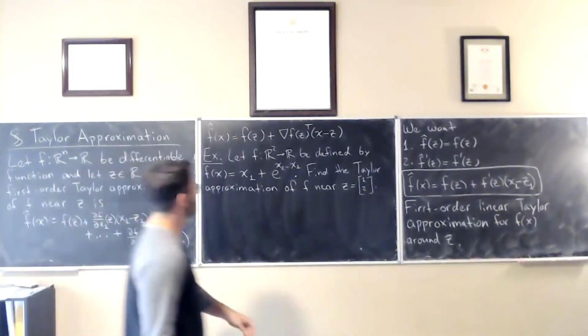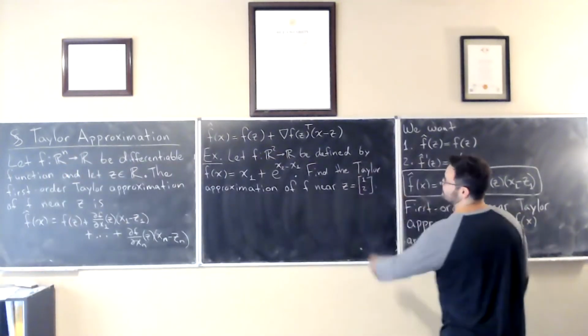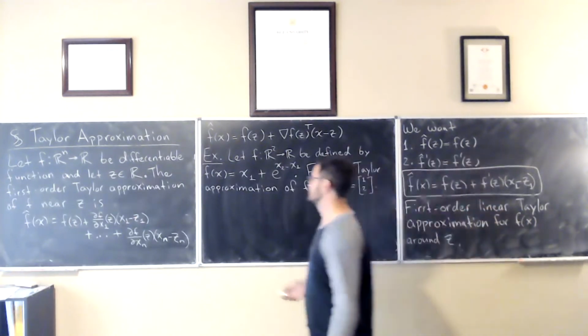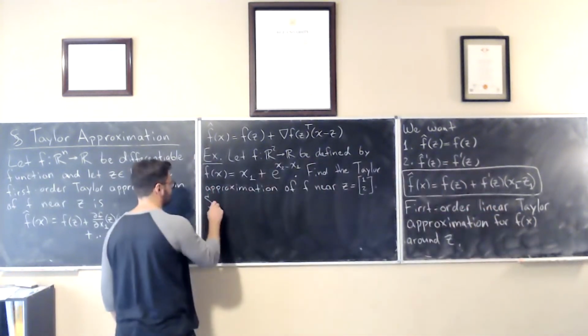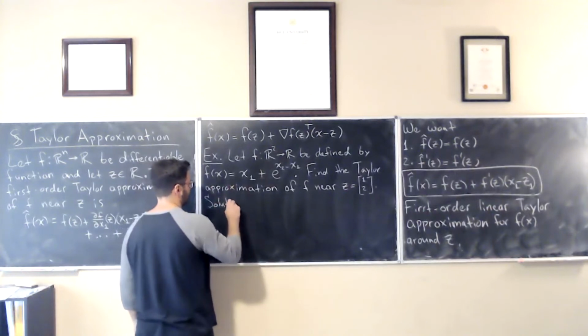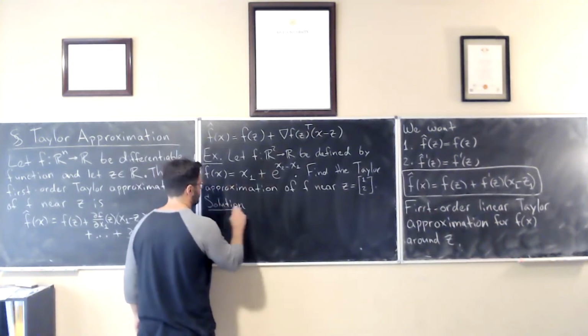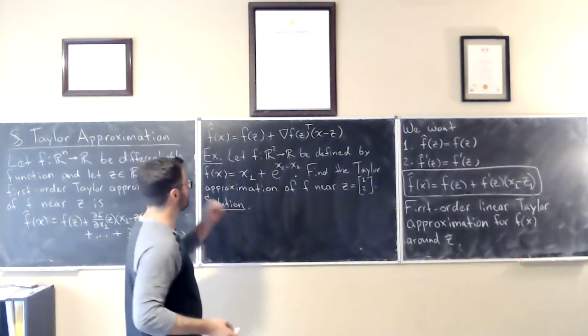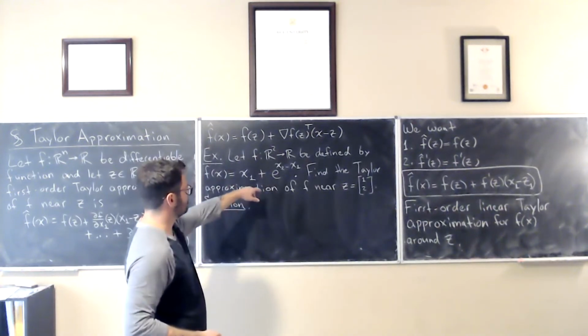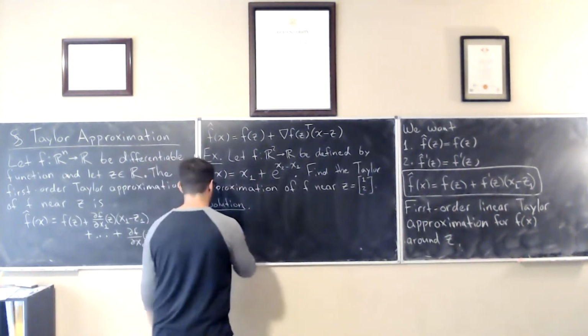Okay. So in order to do this, we need to find the gradient first. In order to do that, we need to find the partial derivatives of this function with respect to both the variables.